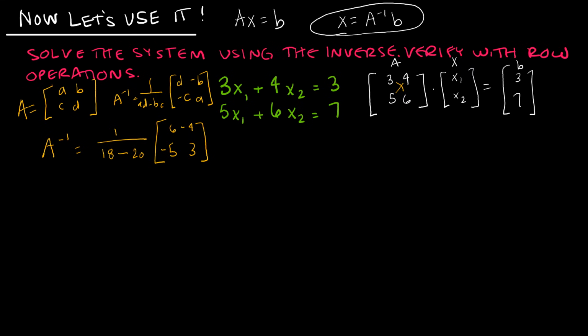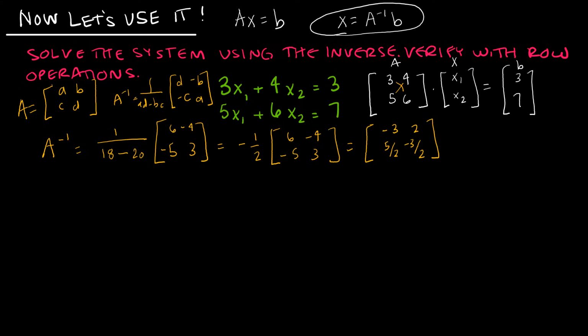So I'm going to continue this math to find the inverse of A. That's 1 over 18 minus 20, which is negative 2. So my fraction is negative 1/2 times 6, negative 4, negative 5, 3, which means my inverse is negative 3, 2, 5/2, negative 3/2.